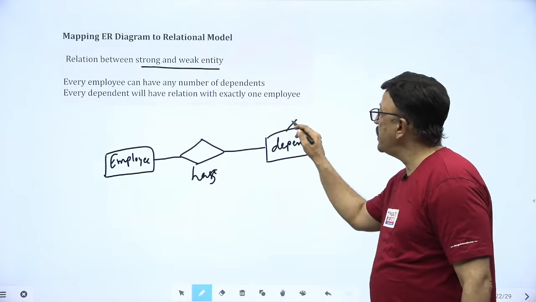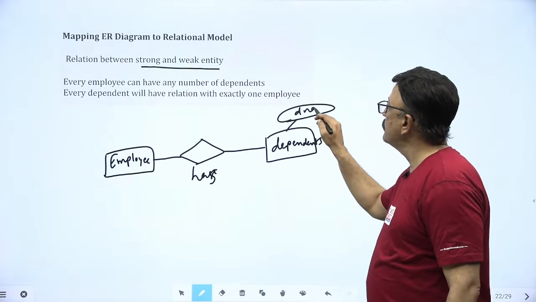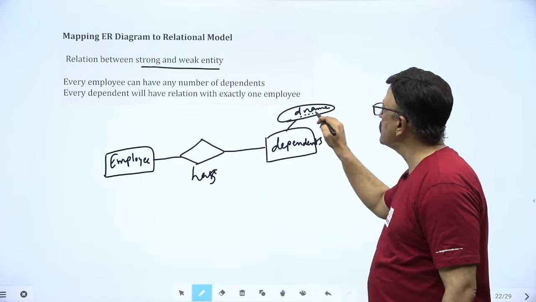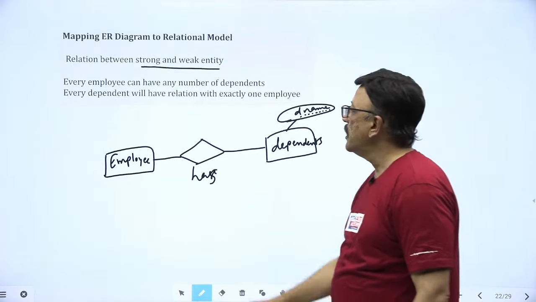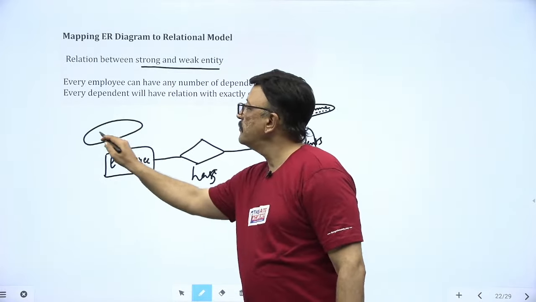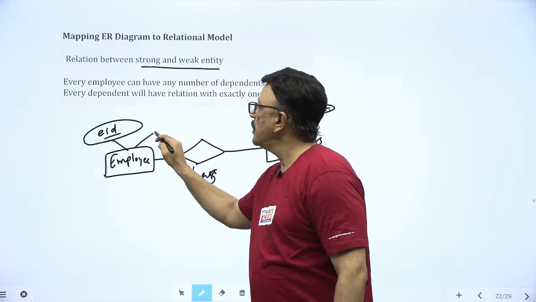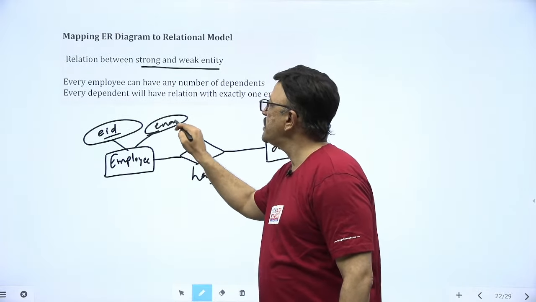And we said dependent will have a dependent name. This was dashed, and employee will have EID and ename, and maybe salary.